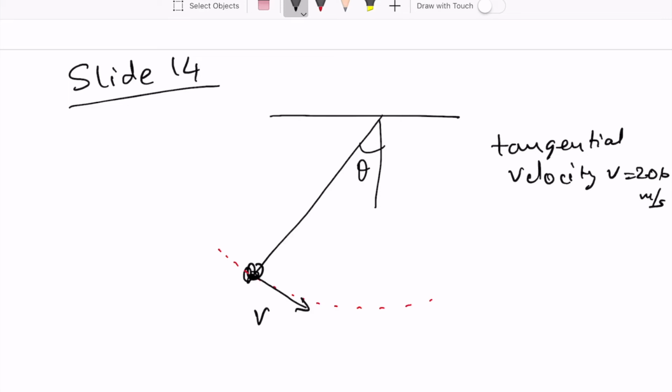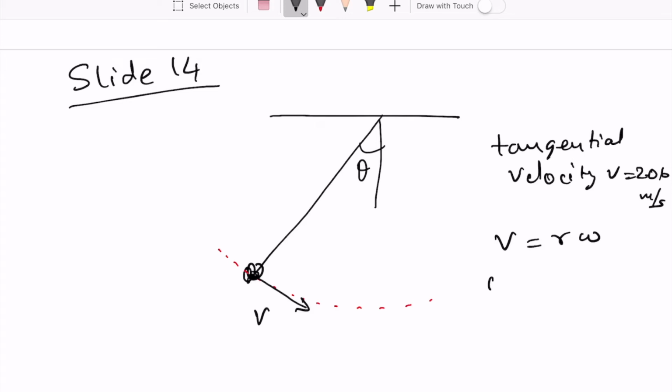Okay, so that answers half of the first question. What is the bob's angular velocity and tangential velocity? We already know the tangential velocity. How do we find the omega of the bob at this particular instant? For that we use the relationship V is equal to R omega.